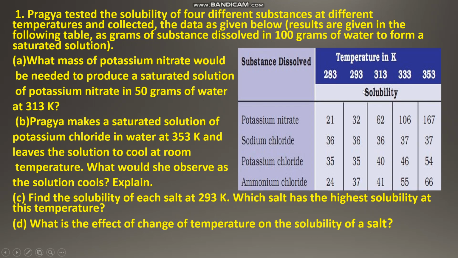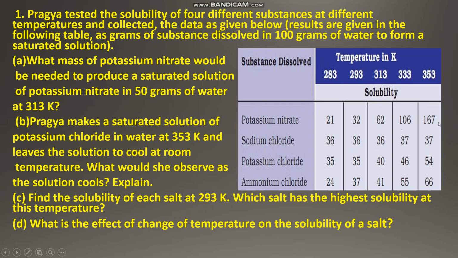According to this table, at 293 Kelvin, how much amount of potassium nitrate is required to make a saturated solution in 100 gram of water? It is 32 gram. At 313 Kelvin, 62 gram of potassium nitrate is required to make a saturated solution in 100 gram of water. Similarly, at 333 Kelvin, it is 106 gram.